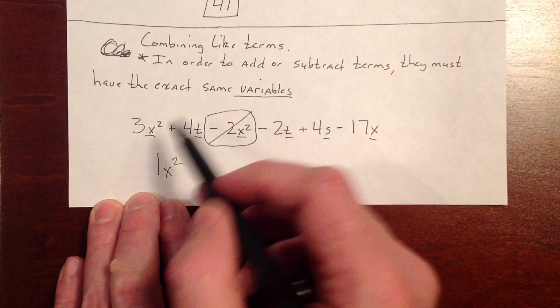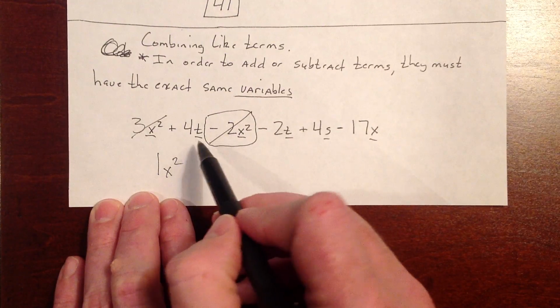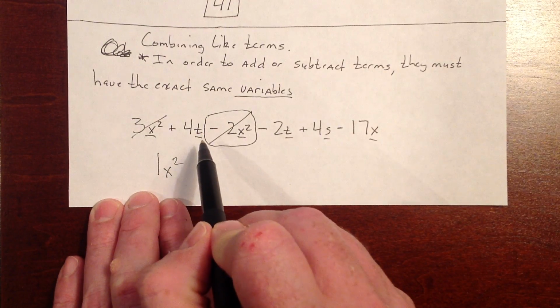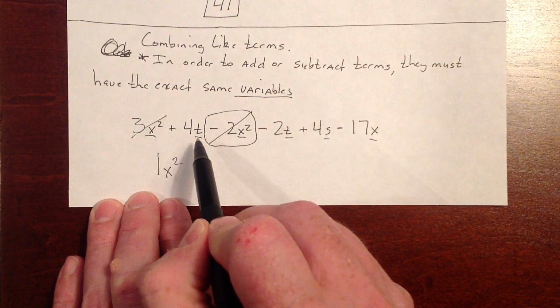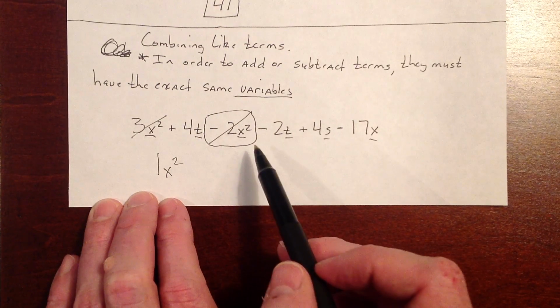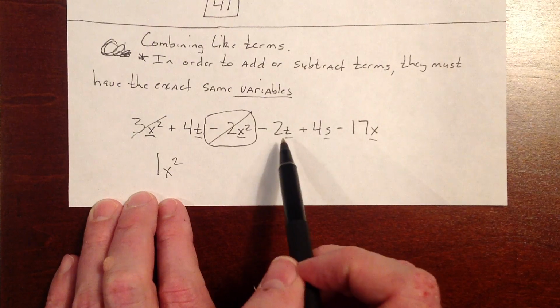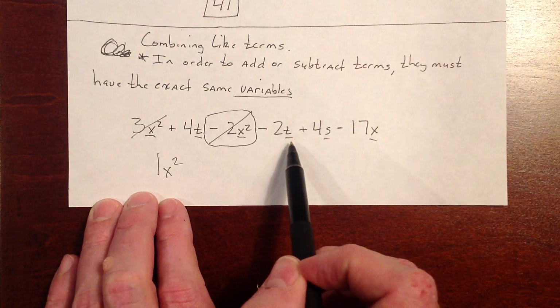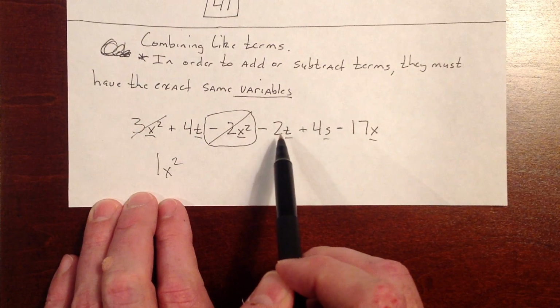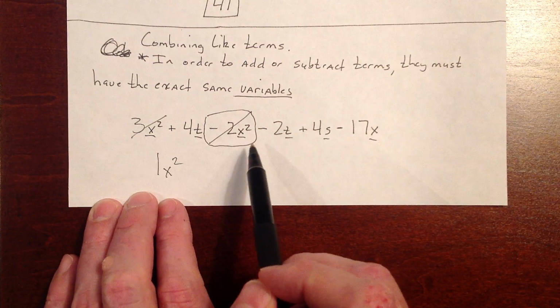So we're done with that guy, and we're done with that guy. Then you got to ask yourself, well, I got a positive 4t. What can I combine that with? What has the exact same exponent? Or excuse me, what has the exact same variable? Well, it's going to be negative 2t. So we say, hey, what is 4t minus 2t? That's going to be a positive 2t.